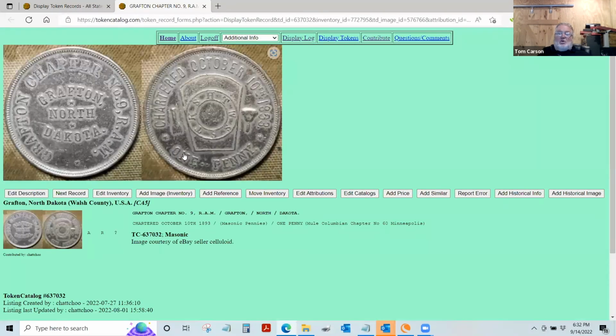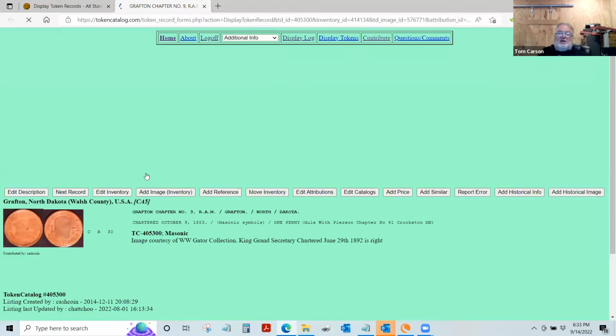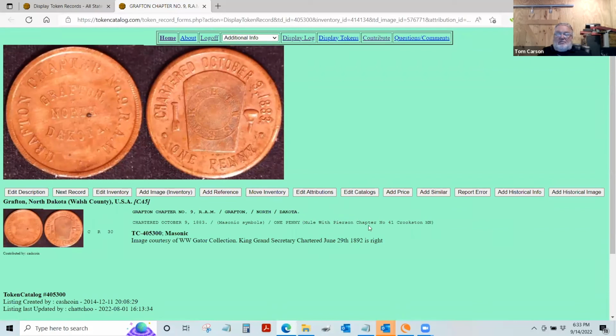Here's Grafton, North Dakota, with the back of Columbian chapter number 42 out of Minneapolis. This company, you know, they all looked a lot alike, and this company really goofed it. And here's the one from Grafton with the reverse of the Pearson chapter number 41.